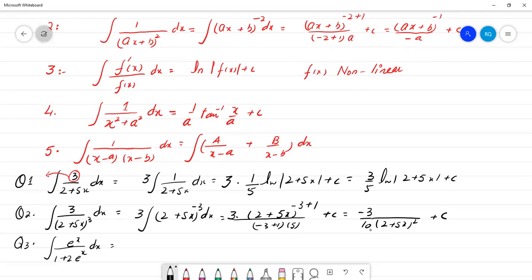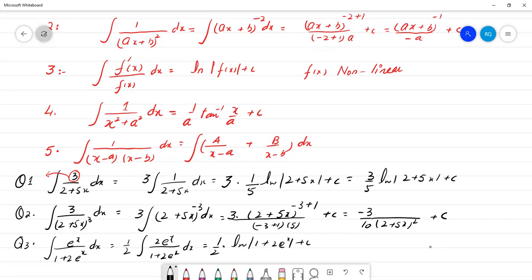But over here the 2 is missing. The derivative of the denominator is 2 times e raised to power x, so you have to multiply and divide by 2. 2 times e raised to power x over 1 plus 2 e raised to power x, dx. So it becomes 1 by 2 log natural of the absolute value of the denominator. You will get this expression plus c.